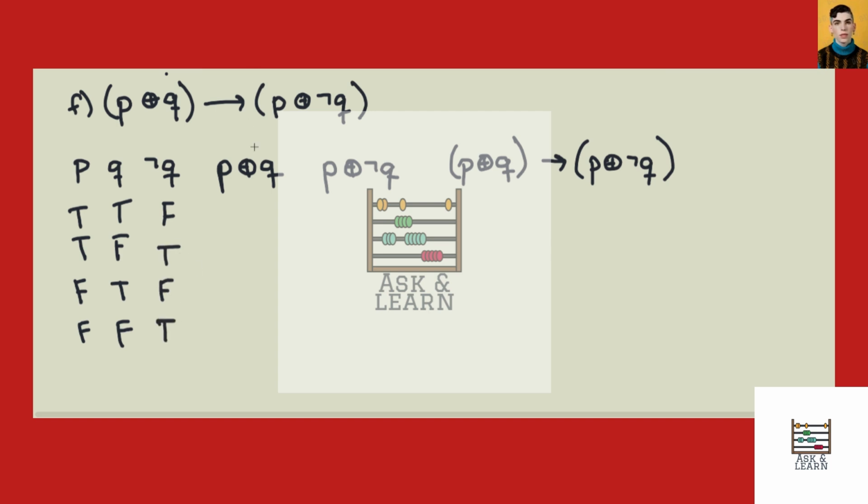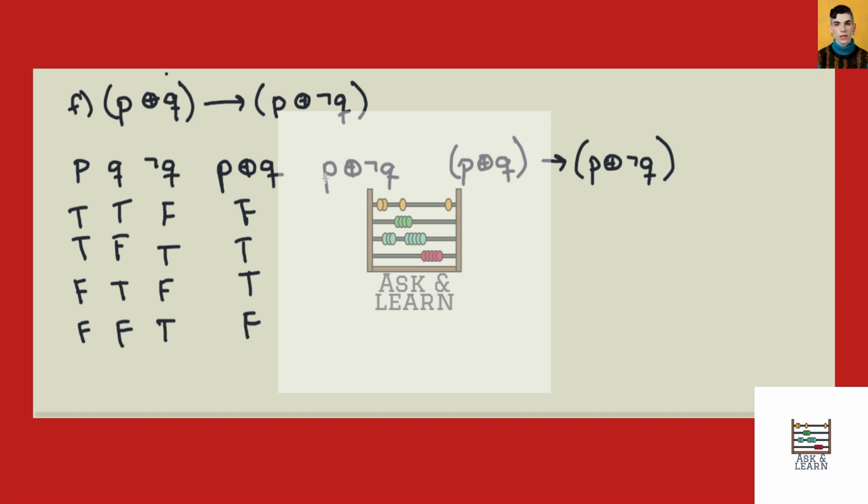Now, P exclusive or Q, exactly one of these propositions has to be true for it to be true. Anything else, it's false. So these both are true, so it's false, true, true, false.